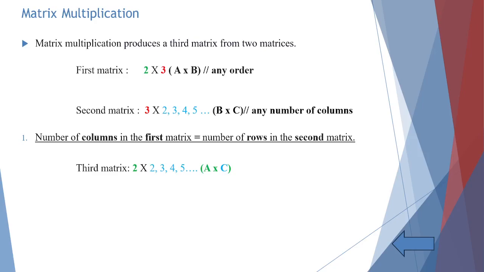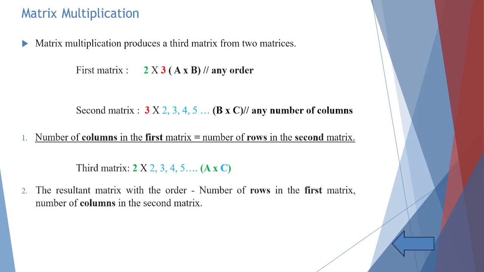You remember the Pythagoras theorem, AC square is equal to AB square plus BC square. Here there is no square, but AB, BC, AC. What is A? The number of rows in the first matrix, followed by the number of columns in the second matrix.